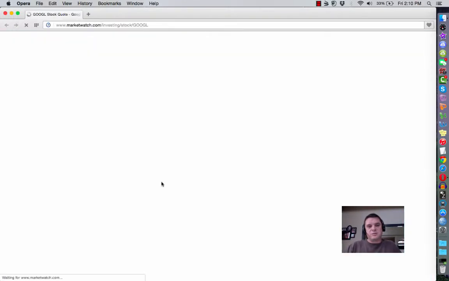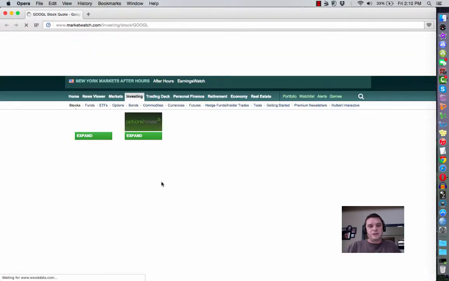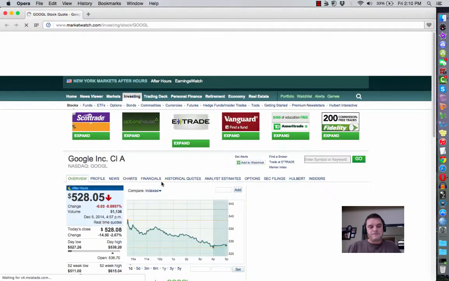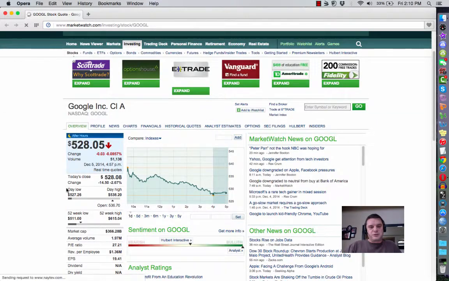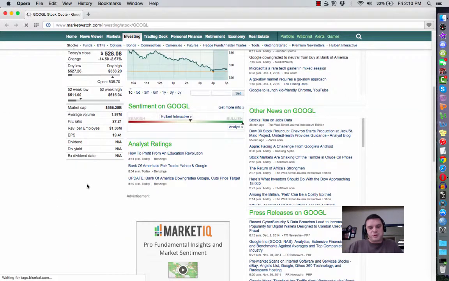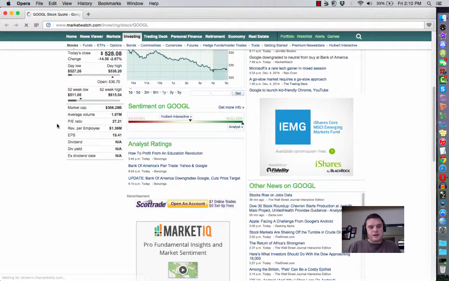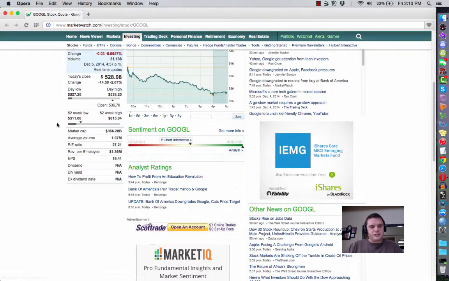I usually open up my research in a new window so I can go back to where I was. It gives you a summary with the PE ratio, which is probably the first thing most people look at. That is price to earnings per share. It tells you how expensive something is per dollar of earnings per share.